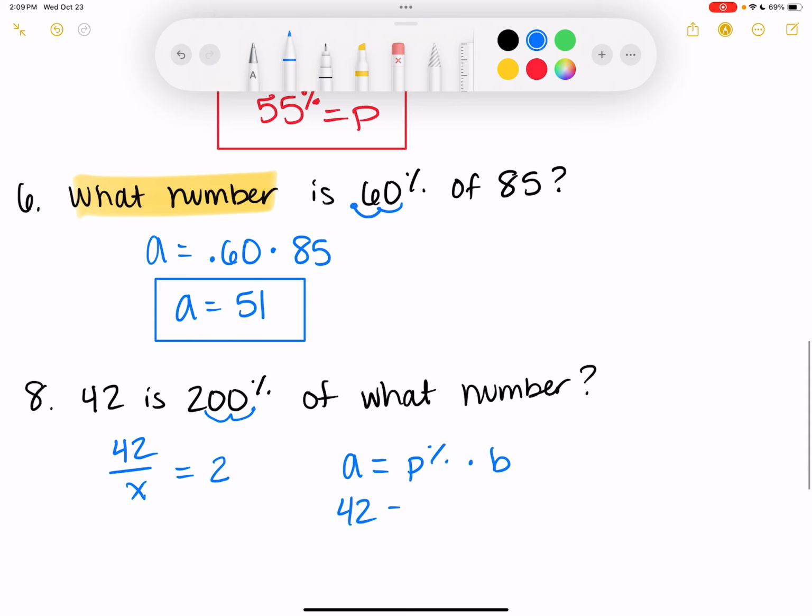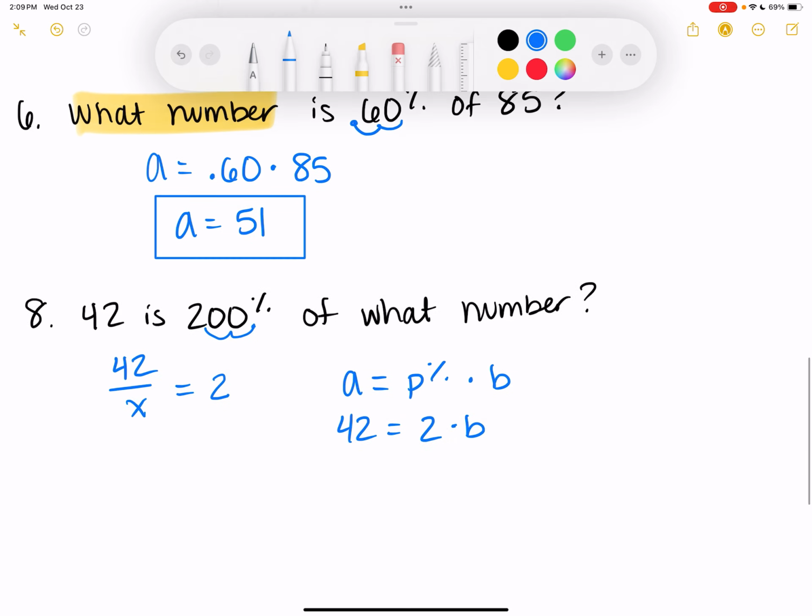So 42 equals 2 times B, divide by 2. So B is what? If I divide by 2? 21.